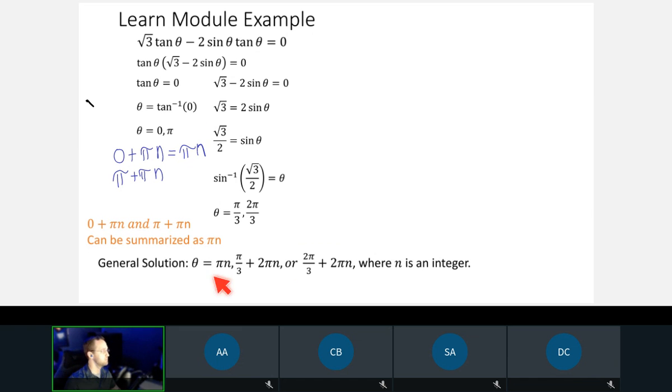So this has a mixture of tan and sine. Remember, sine is plus 2 pi n, and tangent is plus pi n. So there you go. And that's from the Learn module. Hopefully that made a little bit of sense.